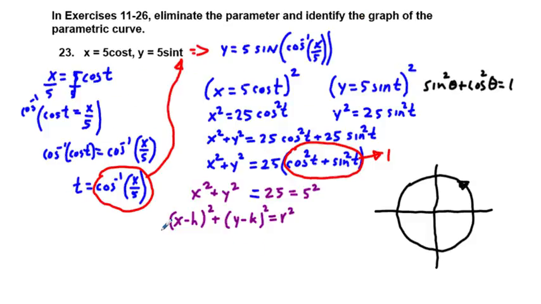We would have a circle. What would it be? Yeah, x squared plus y squared equals 25. So this will be a circle with radius equals 5. So that's 23.